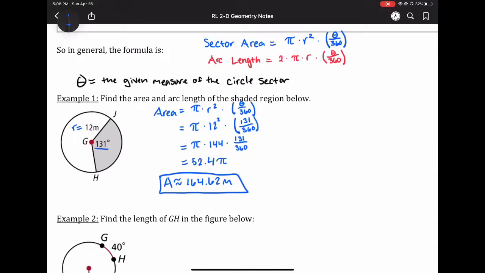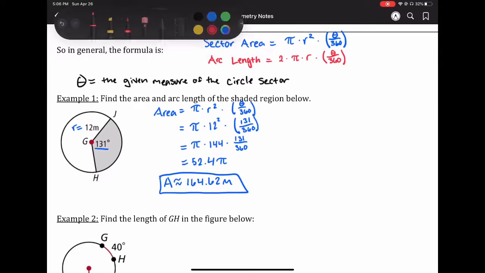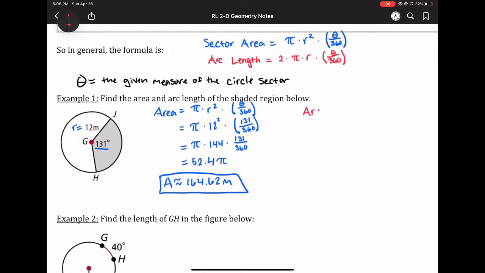All right, so now that I have my area, I want to go ahead and find my arc length. So my arc length formula from above, arc length is equal to 2 times pi times the radius times my fraction, which in general was theta over 360 degrees.